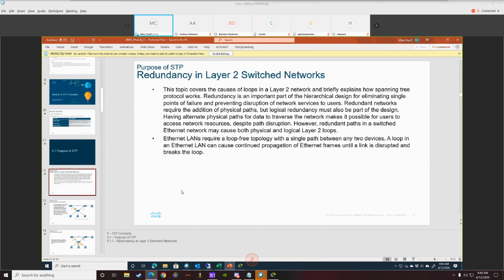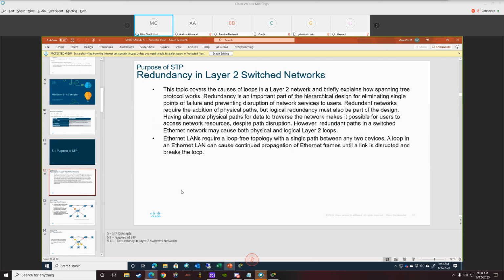We talked earlier in the semester, or maybe in semester 1, about building a converged, reliable, resilient network with high availability. So how are we going to do that? We need to build some kind of redundancy.